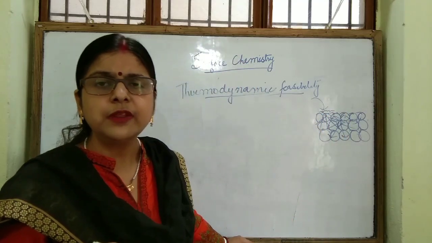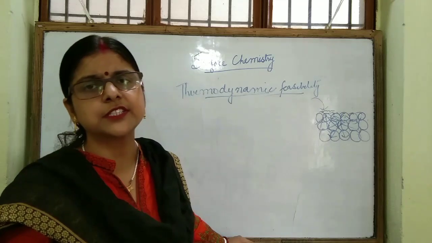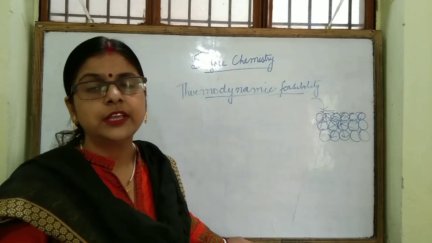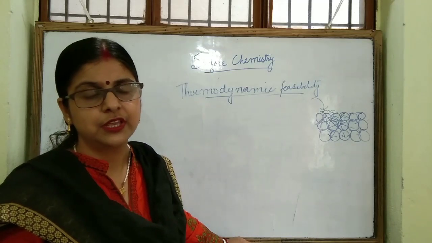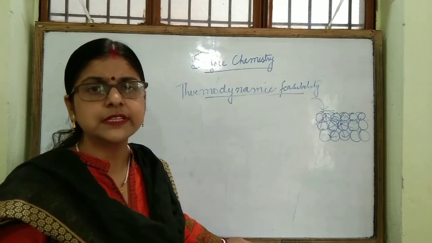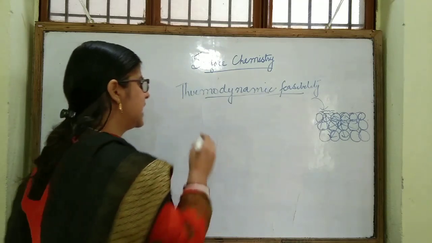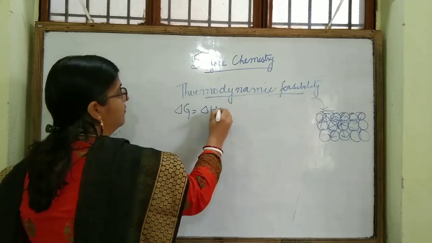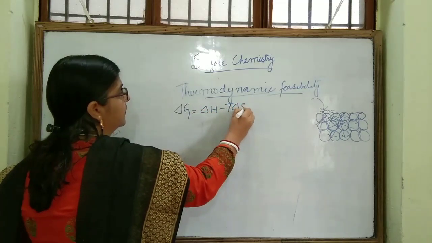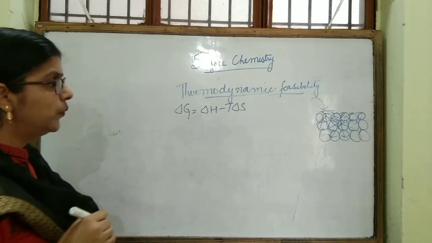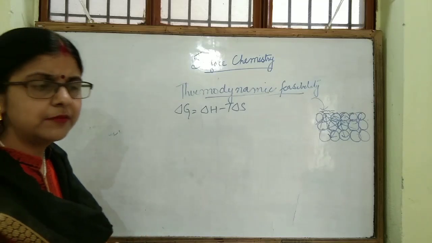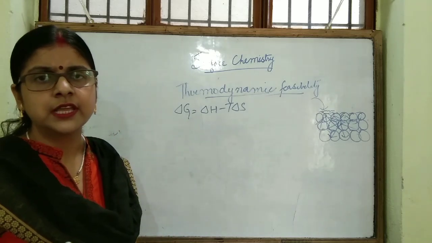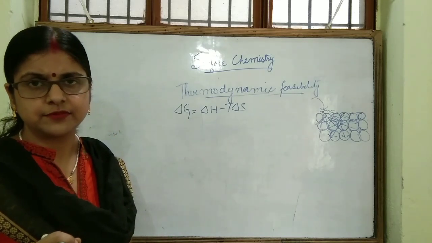Now, whenever we are speaking about thermodynamic feasibility, students, we discuss the Gibbs-Helmholtz equation. Yes, you have studied in thermodynamics in standard 11. What is that? That is delta G is equal to delta H minus T delta S. Now, we have studied in thermodynamics that whenever a reaction is spontaneous, delta G is negative.